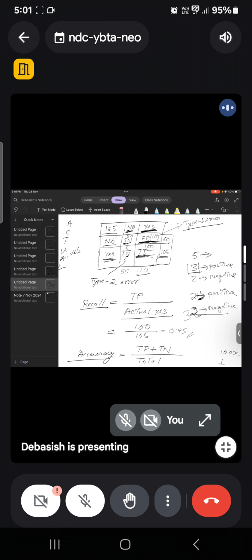This is for actual no. So how many people don't have the disease? 60. If you just concentrate on this matrix, you will get the point.